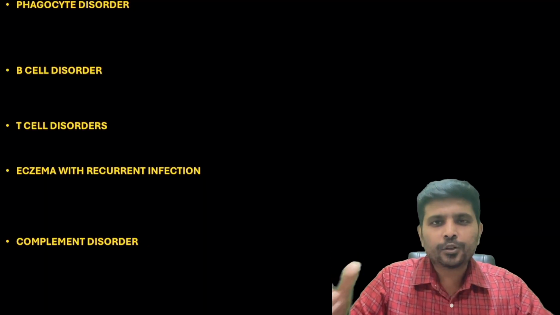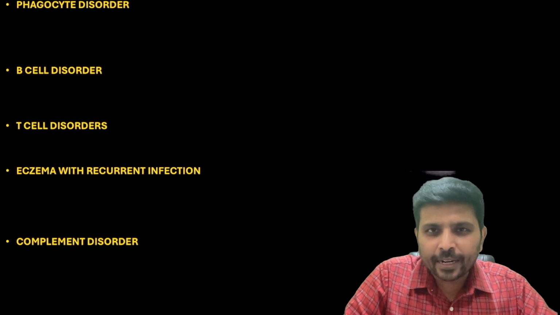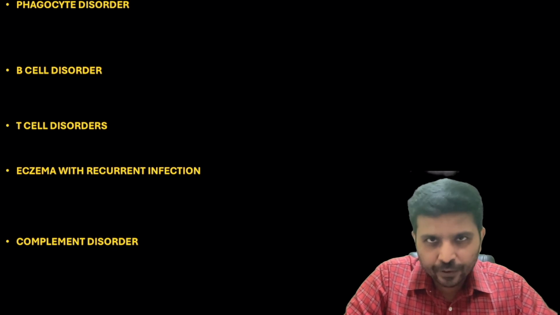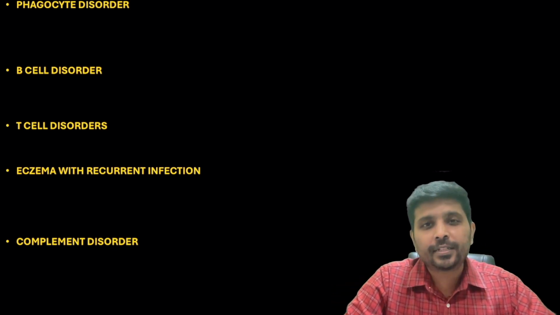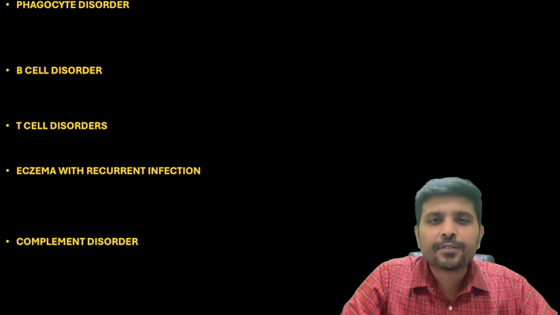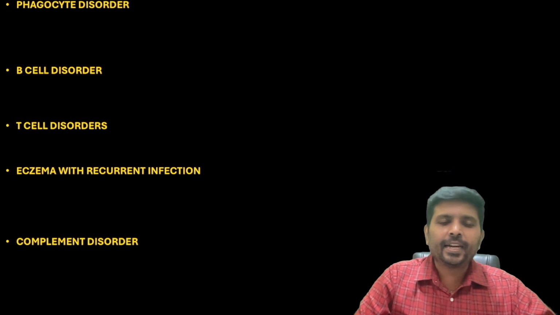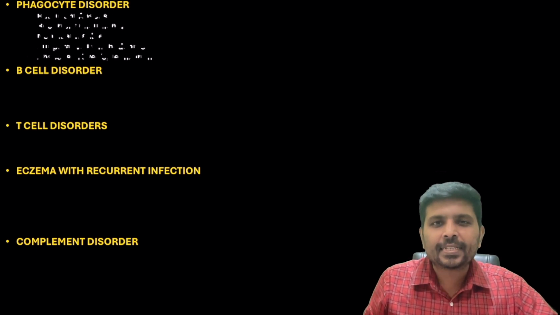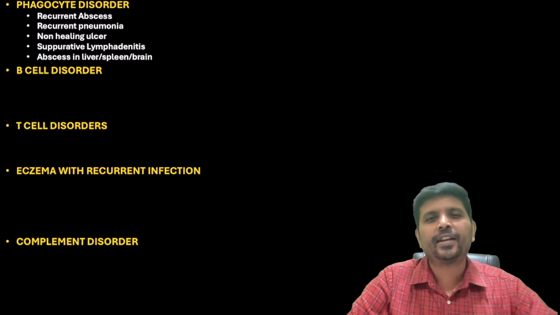Right. So phagocyte. When do you suspect phagocyte? Phagocyte means disorders of neutrophils. How do you know that a particular child has got disorders of neutrophils? It is very, very easy. When neutrophils are not working, you will get recurrent suppurative infections. It can be recurrent suppurative lymphadenitis.